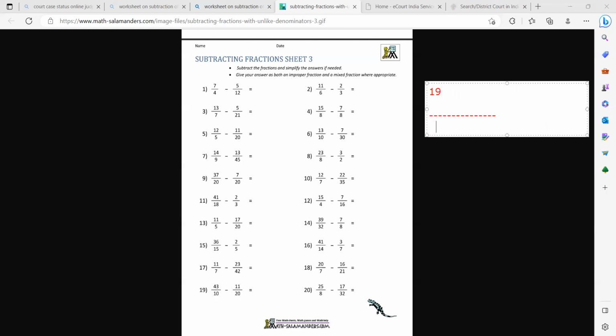For 10 and 20, what is the LCM? 20 is the LCM. Then we have 10 into 2, that is 43 into 2 minus 11 into 1.